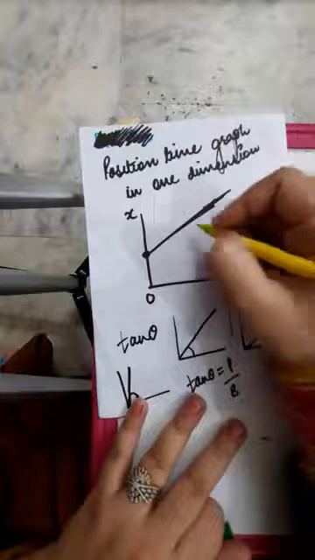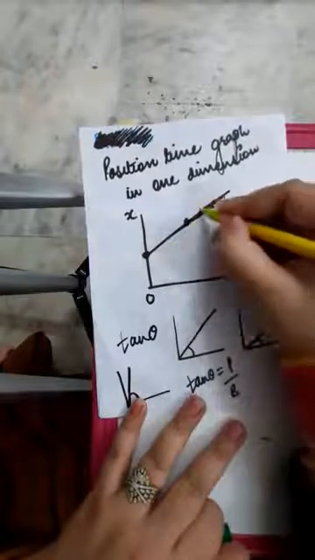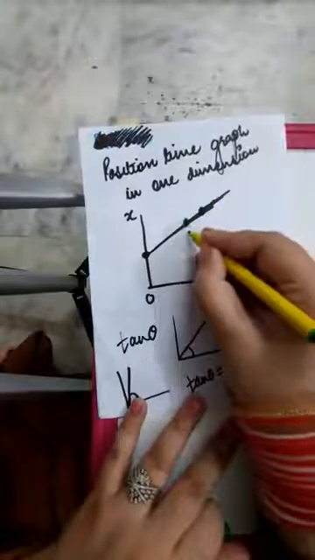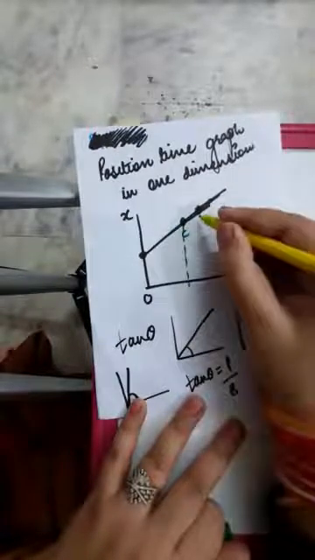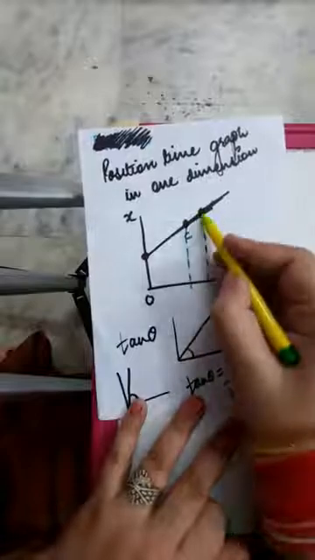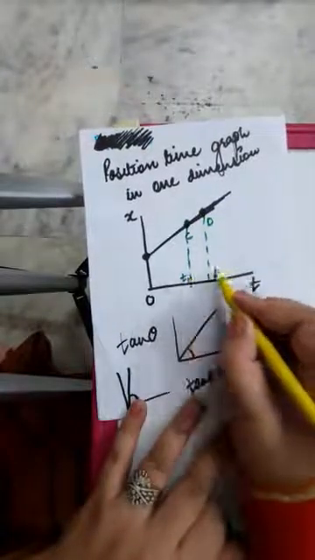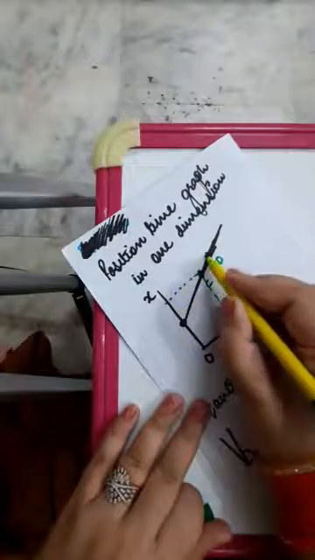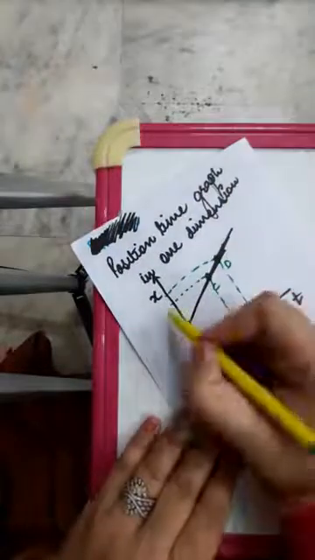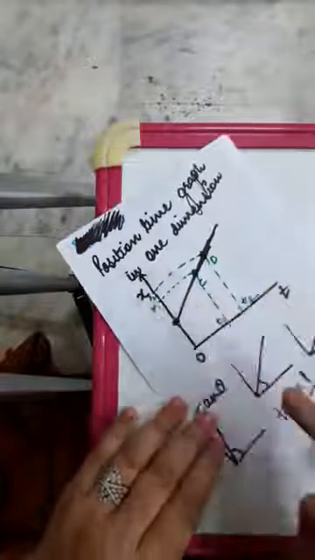So in order to find that, suppose I have 2 points on the graph. This point is C, this point is D. If I join these points with the time axis, I get 2 time intervals. Then I join these 2 points with the x axis, so that I get 2 positions. Suppose this position is x1, this position is x2.